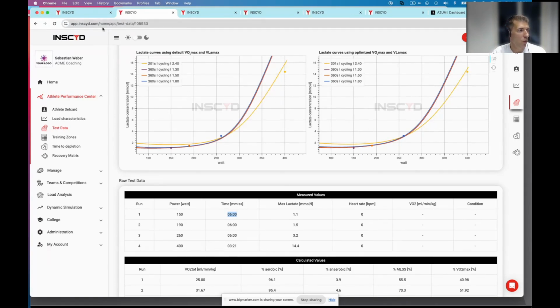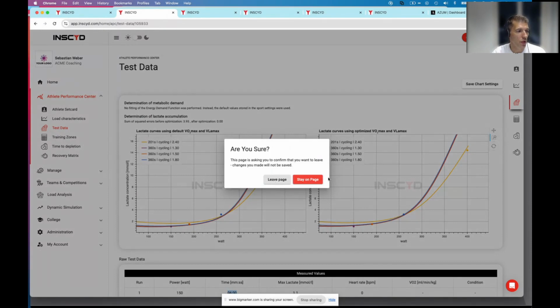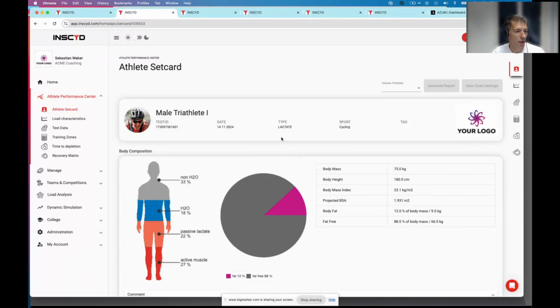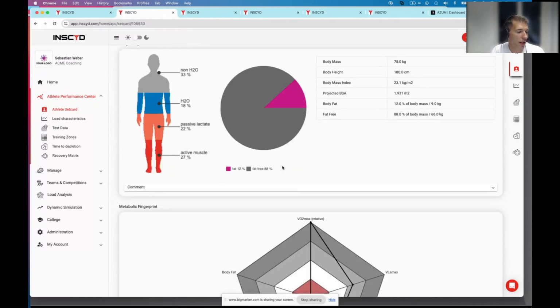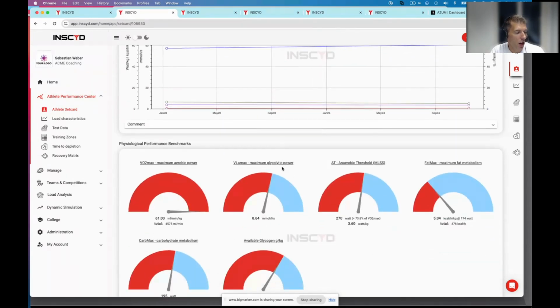And now what I prepared in these two tests, what is different, if you look at the metabolic profile of the athlete, again, I have a cyclist here and a runner as an example. Now our cyclist or a triathlete with a cycling test has, I would argue, a pretty decent VO2 max.